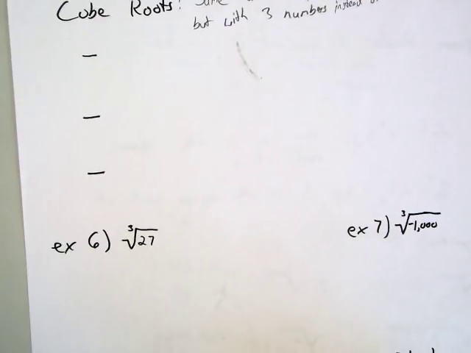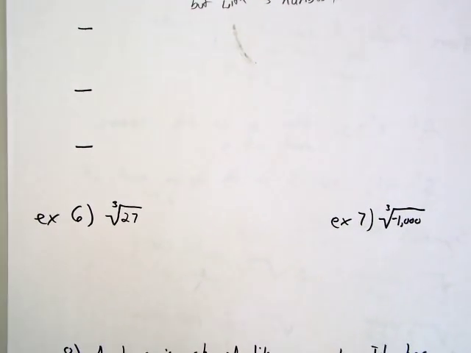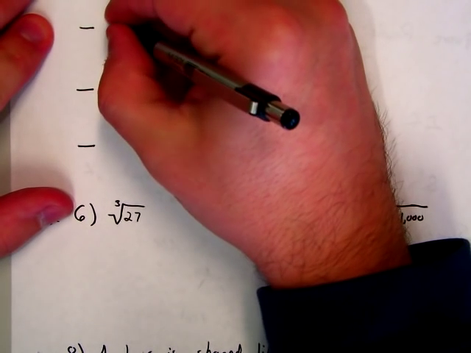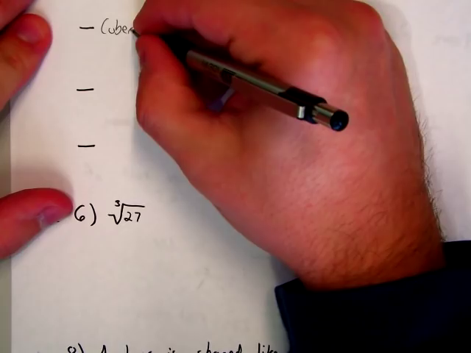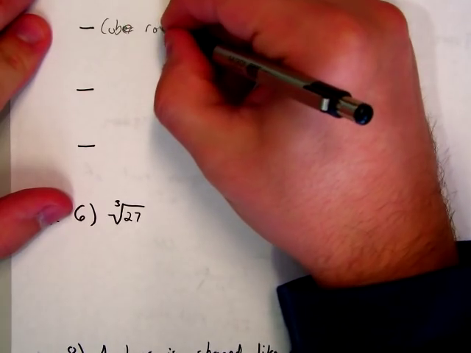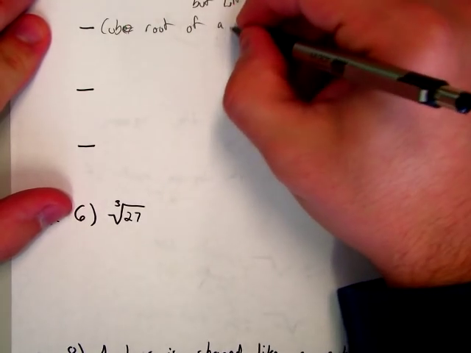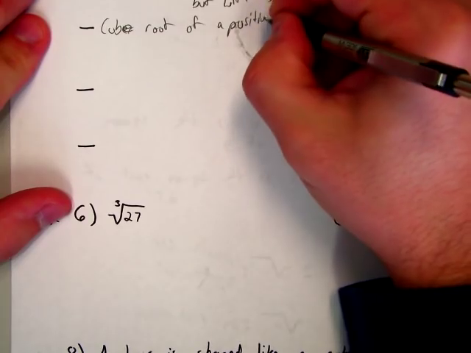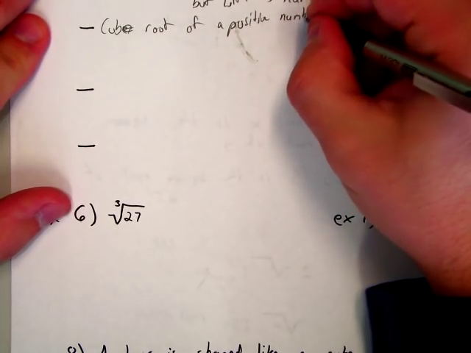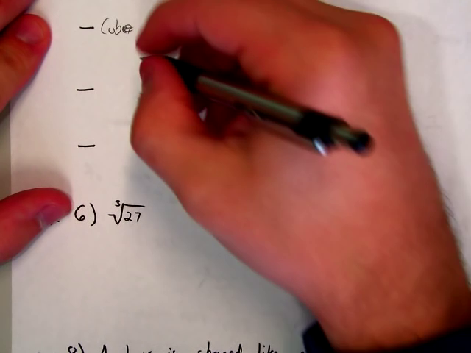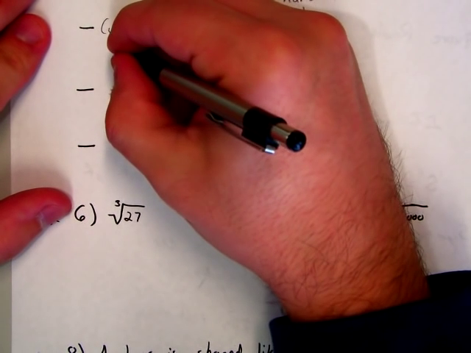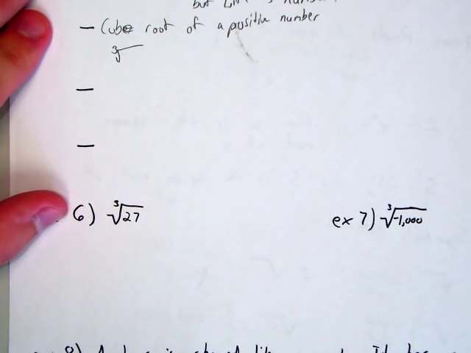Now, as we are going through this, there's 3 different ways that we can actually get an answer. The first way is if we take the cube root of a positive number. The way that this is going to look is we're still going to have a radical sign, but with a little 3 there now.